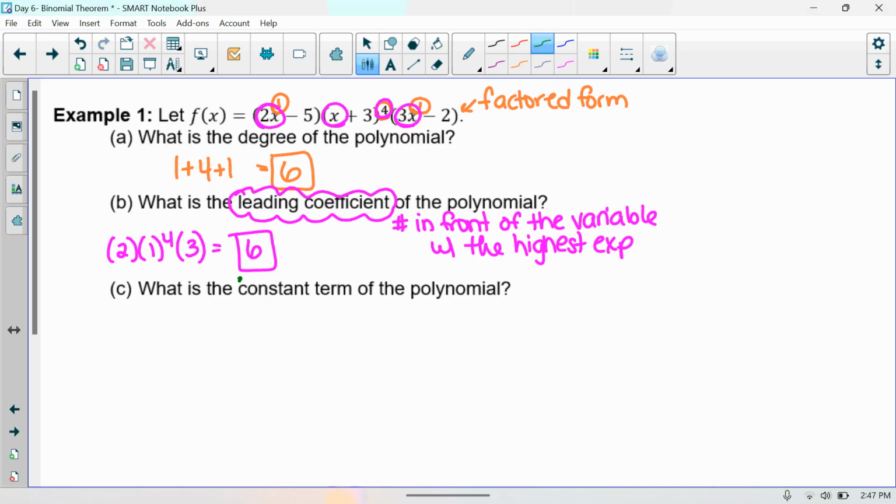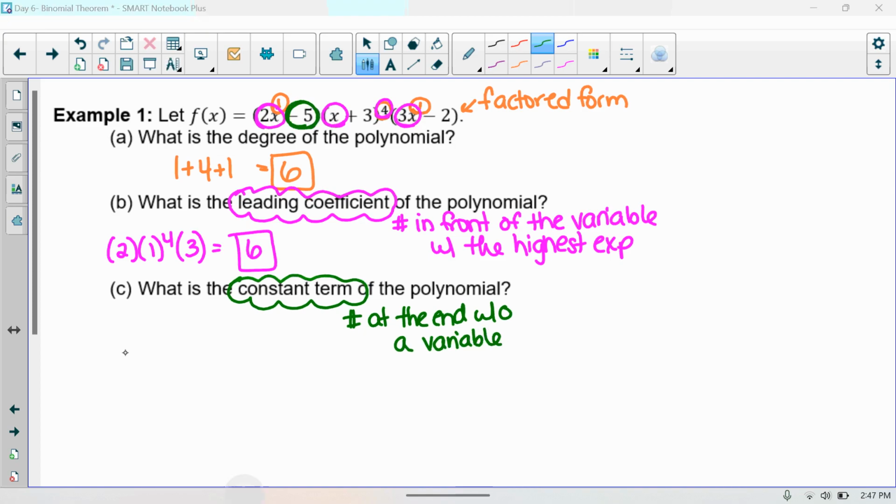Similarly, the constant term, remember, is the number at the end with no variable. So we are going to take the constant term from each piece with their sign. So I have -5. I have 3 to the 4th. And I have -2.